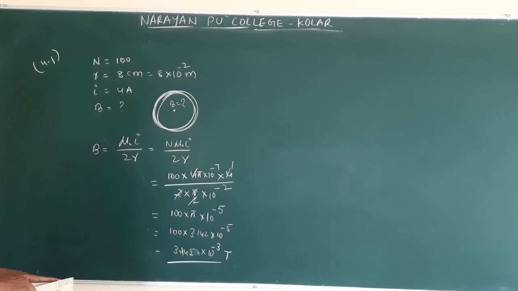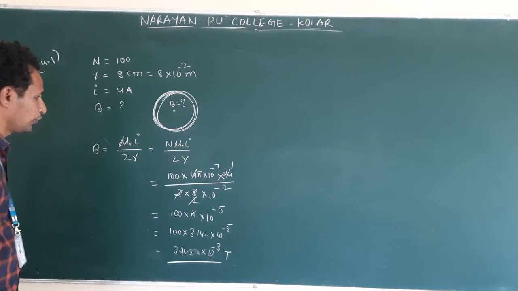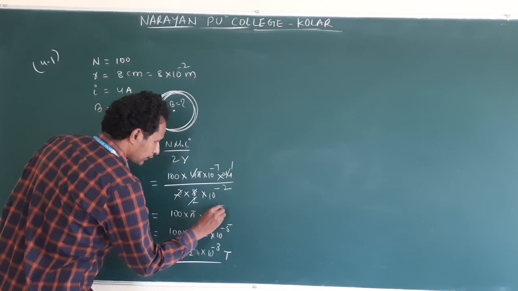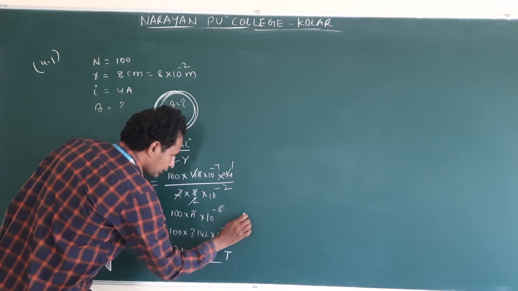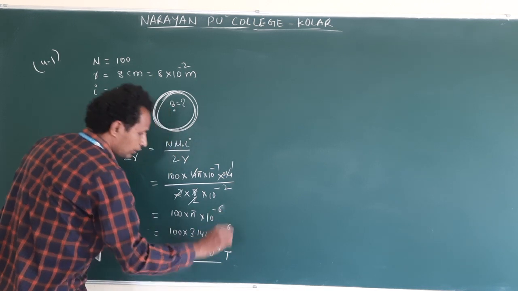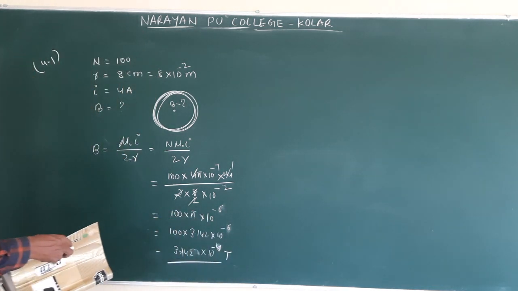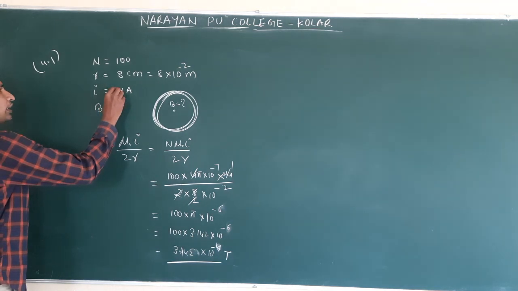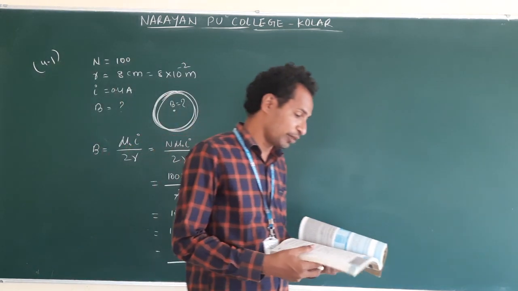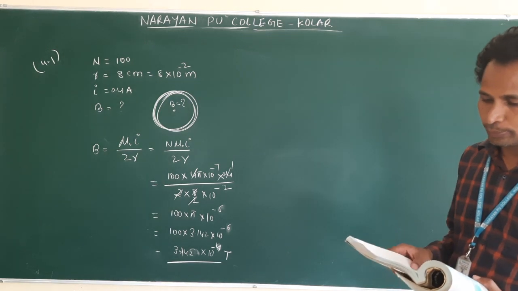Yes, 0.4 means here we will get 6, here we will get 4. Now I see, I took the information as 4 amperes, but this is 0.4. So before substituting we need to take care about the values. Clear? And after substitution, calculation is also very important.